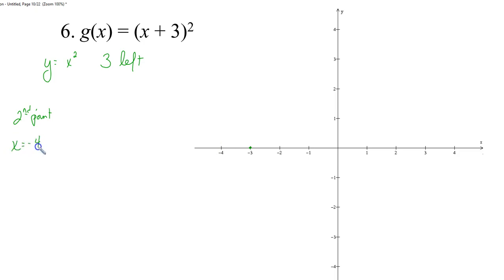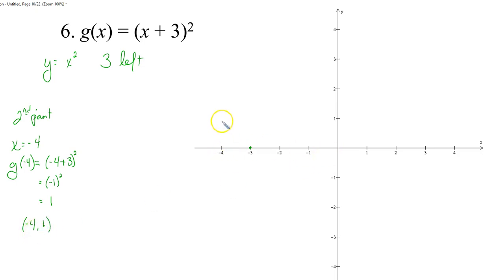I'm going to select x equal to -4, and then I want to find the ordered pair that goes with that. Just reinforcing that I'm plugging this into my function: -4 plus 3, and I'm going to square that. This is going to be -1 squared, so I'm going to get +1, and that reminds me that my point is going to be -4, 1.